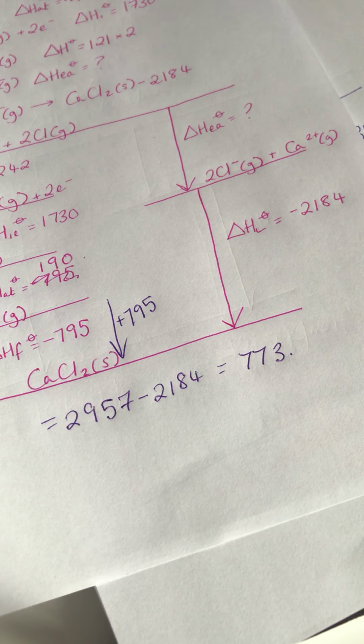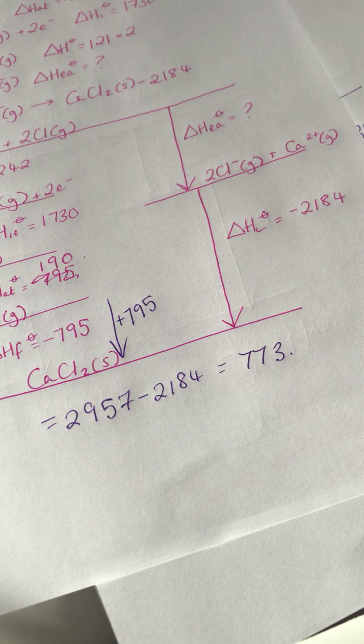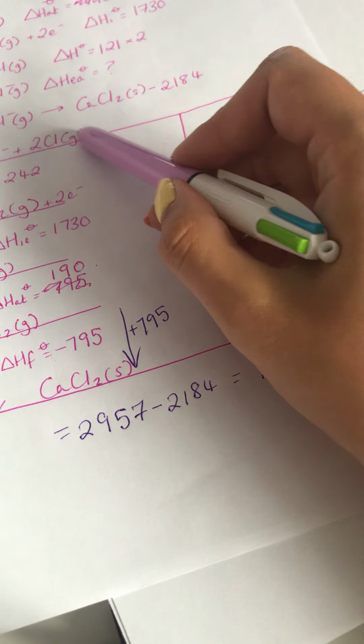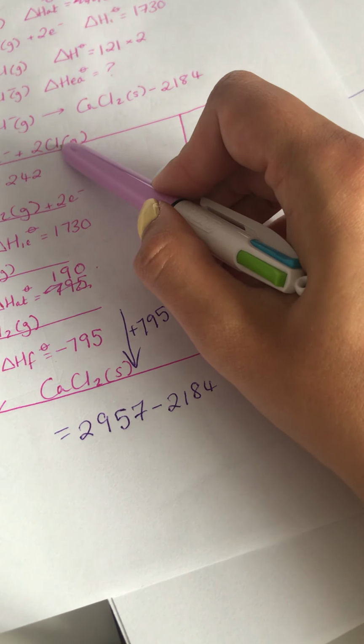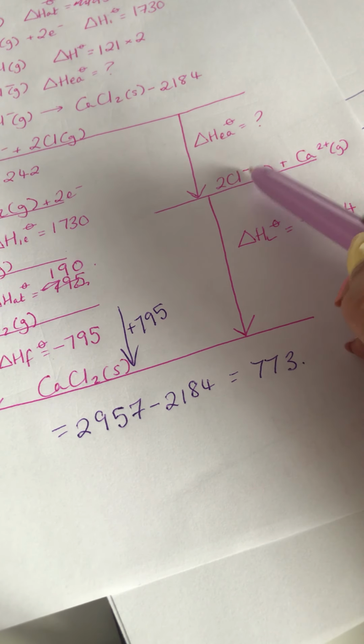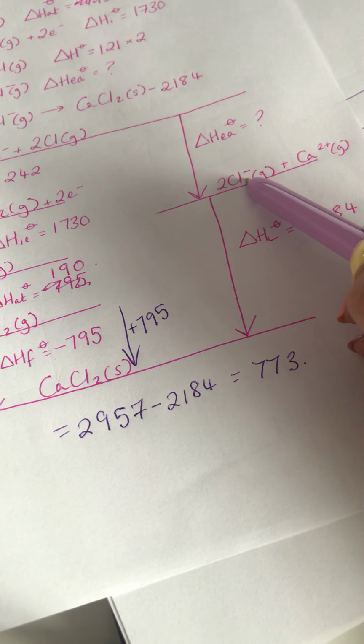But if we take a moment and just go back to our definition of electron affinity, the enthalpy change of electron affinity, it's the standard enthalpy change when a mole of gaseous atoms is converted to a mole of gaseous ions. Well, what we've got is 2 moles of gaseous atoms to make 2 moles of gaseous ions.